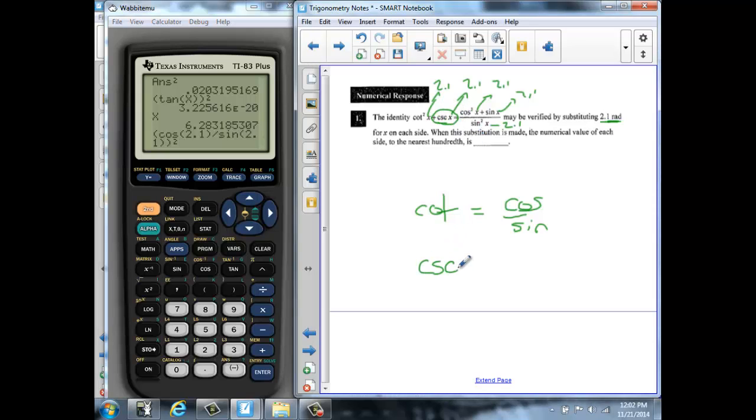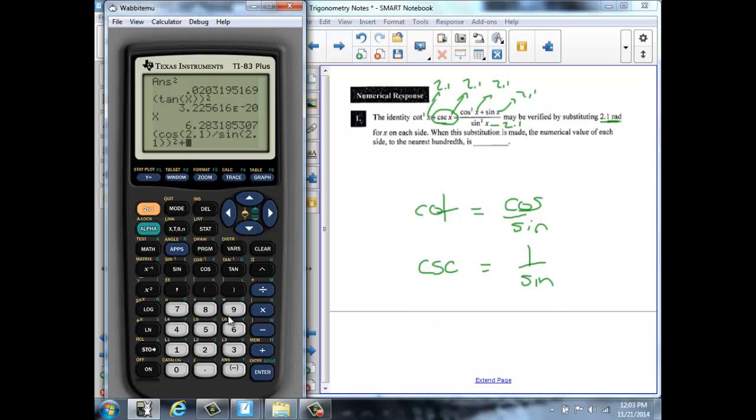What is cosecant equal to? It's equal to 1 over sine. So then I'm going to add 1 divided by sine of 2.1. And then I'm just going to make sure I'm in radians. I got the answer 1.500.